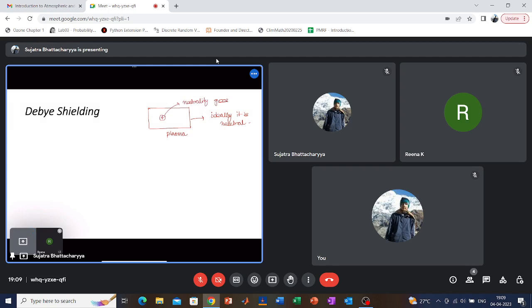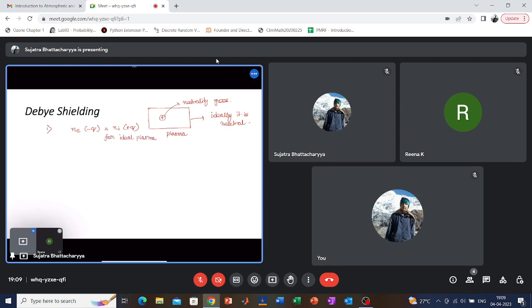Now, the first point is that the number of electrons per unit volume times minus q, writing for the negative charges, will always be equal to Ni times plus q for an ideal plasma, when no test charges are put.